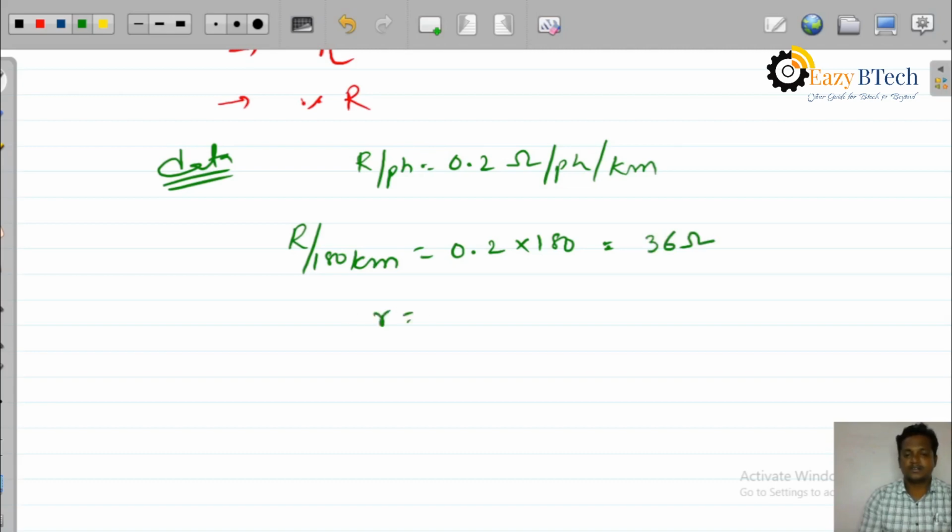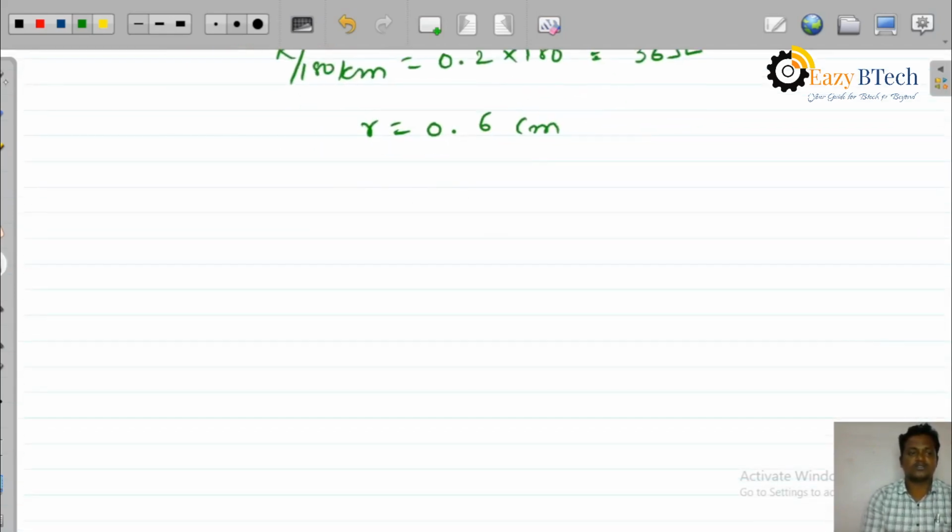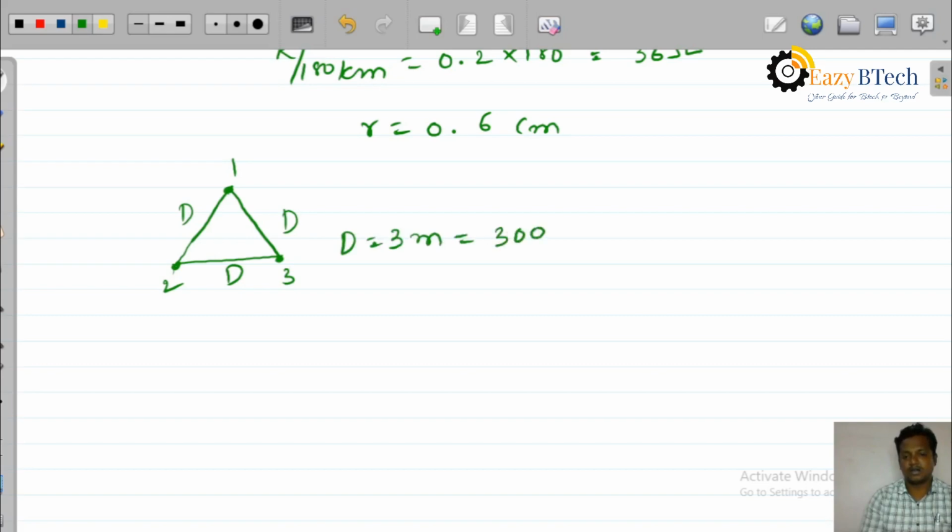The given radius of the conductor is 0.6 centimeters, and it is placed at the corners of an equilateral triangle. In an equilateral triangle, the distance between any two conductors is the same. This is the first conductor, second conductor, and the third conductor. Therefore, D is 3 meters or 300 centimeters.